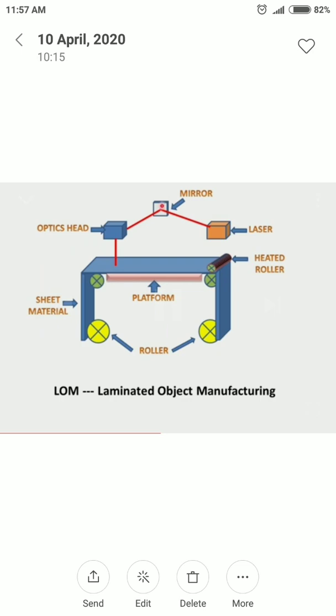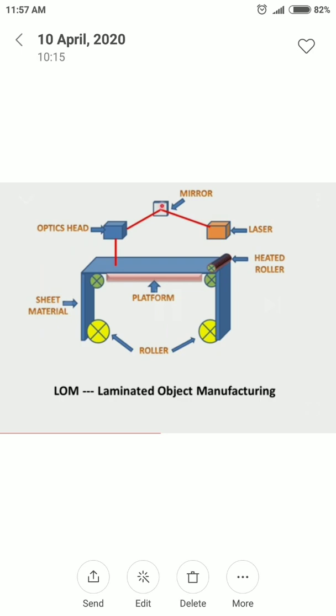Then above the platform and sheet metal, there are other components: laser, mirror, and optics head. Laser stands for light amplification by stimulated emission of radiation. The light coming from the laser source hits the mirror and is reflected.